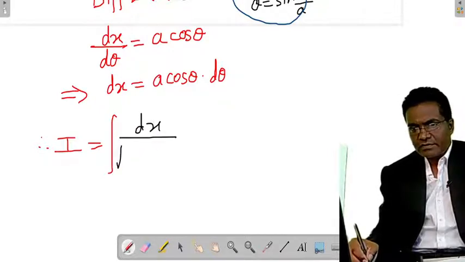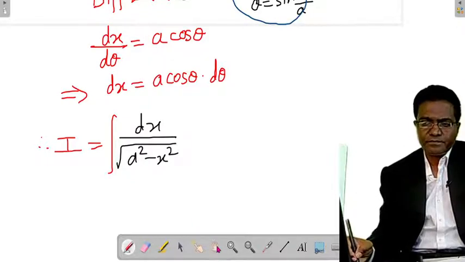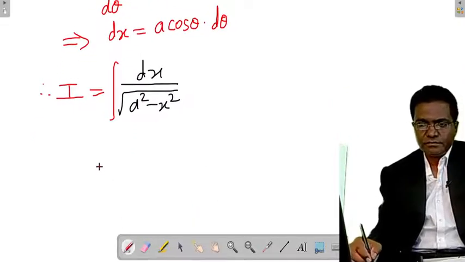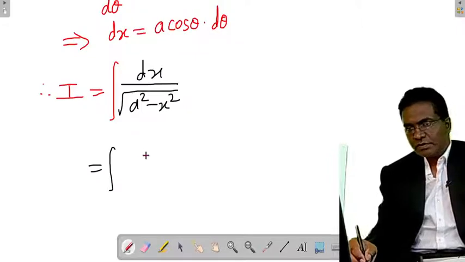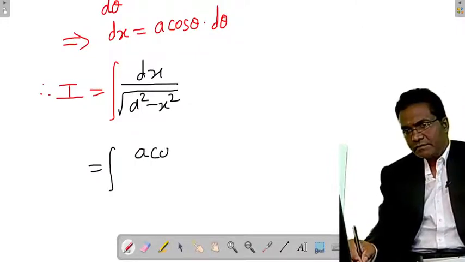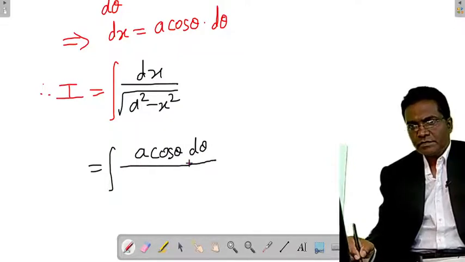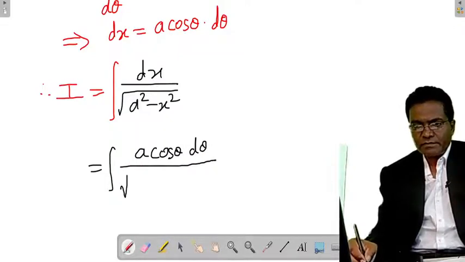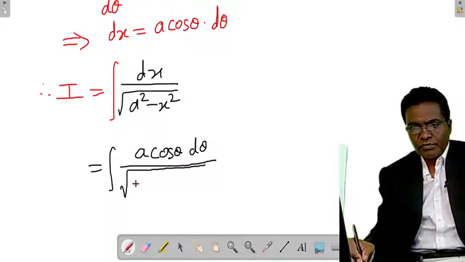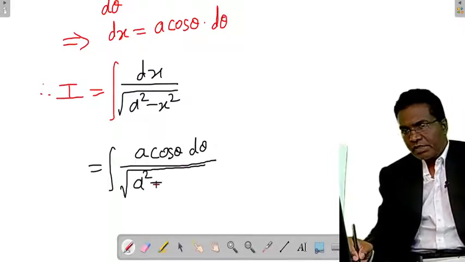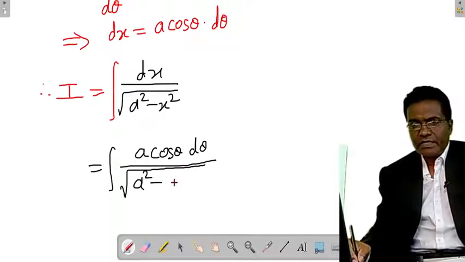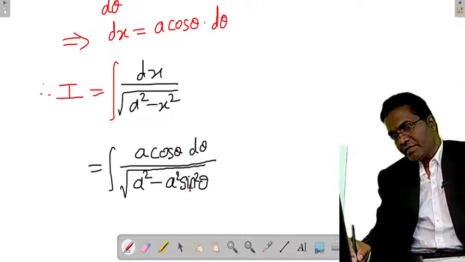Therefore I becomes, let me write the I. Actually we had this, this is your I. So dx is a cos theta d theta divided by square root of a square minus x square, meaning a square sin square theta, because x is a sin theta.